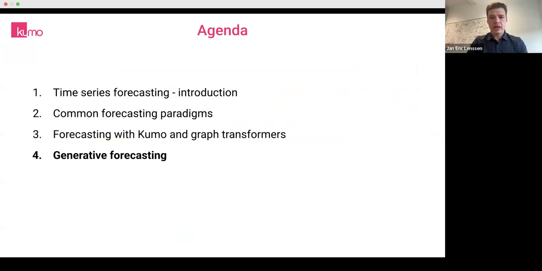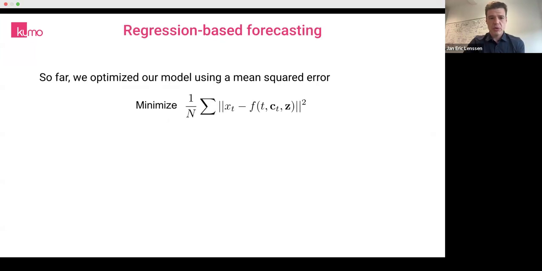So yeah, last before we close, I would like to talk a little bit about generative forecasting. This is more like an outlook into the future because I think this will be very relevant in the near future. It's a quite exciting paradigm, and it will be a little bit high level and maybe encourage you to dive deeper into this topic. So what we just discussed is regression-based forecasting.